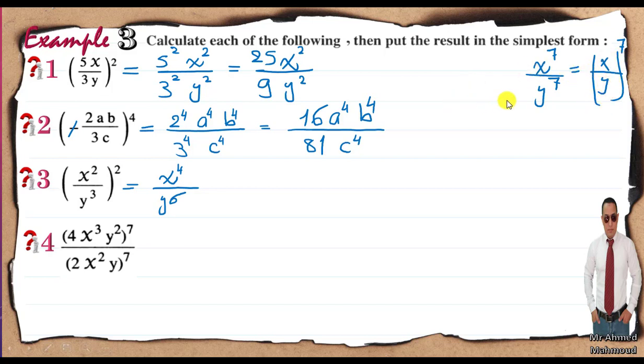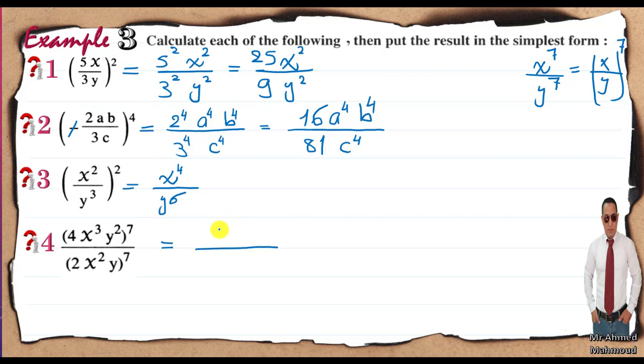What does it mean? If I have the same power, I can take the common power outside the bracket like this. So now if I have it like this, I can take power 7 as the common power.